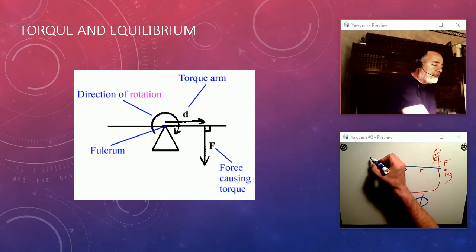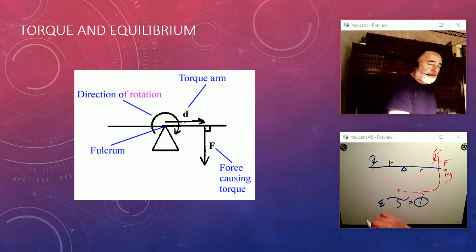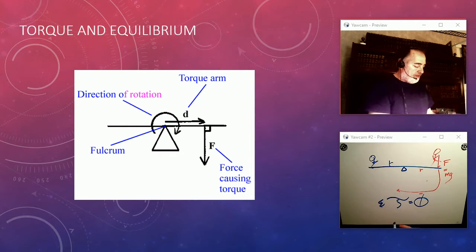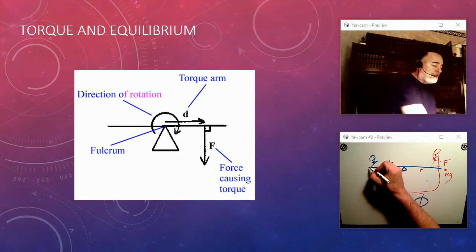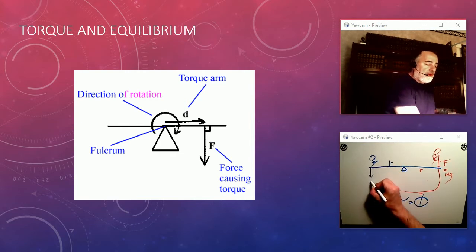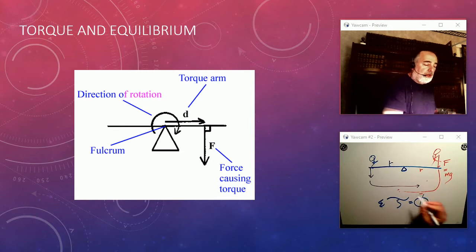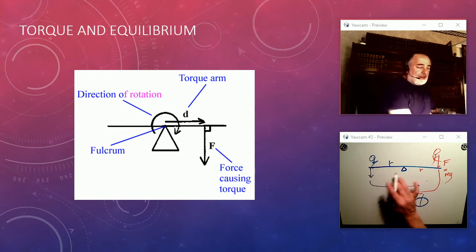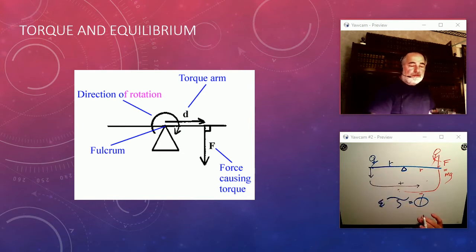So I necessarily have to have someone over here at some distance from the focal point, causing a force downward that is going to have a spin of torque in the positive direction. So the negative and the positive, if this is a balanced seesaw, would net out to 0.